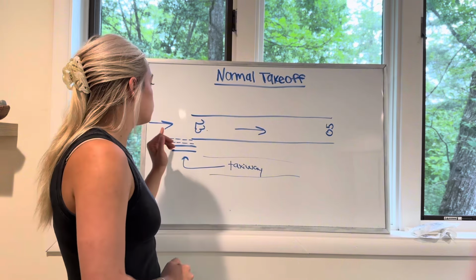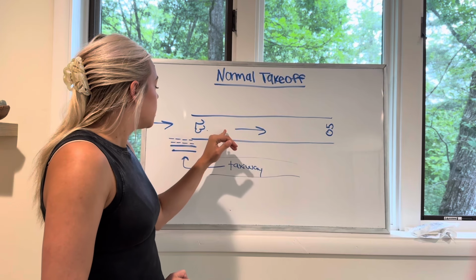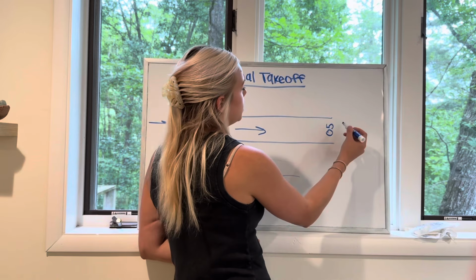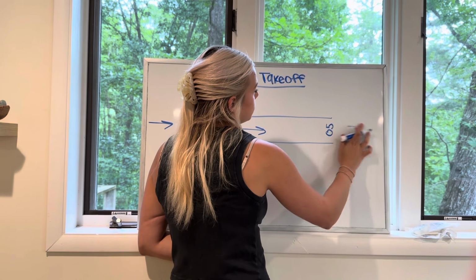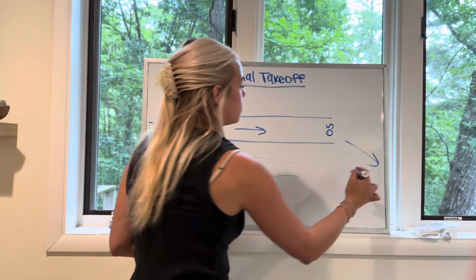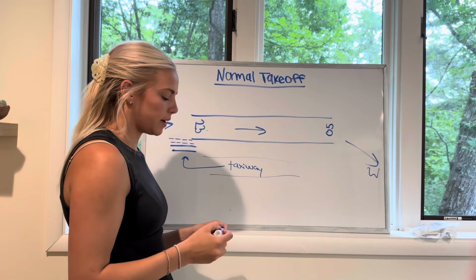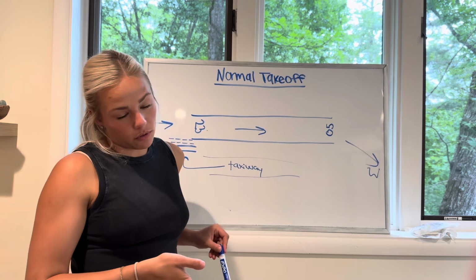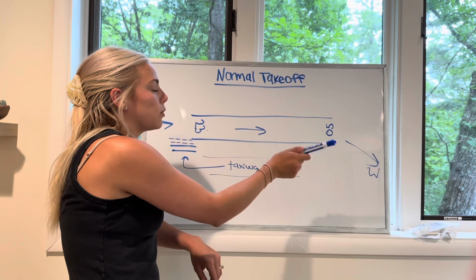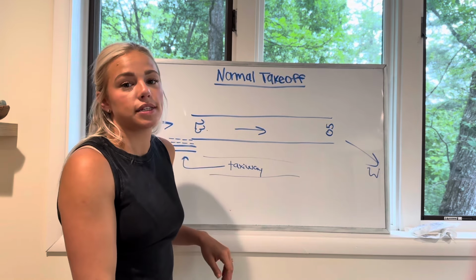We want to take off runway 23, and we want to depart to the west. So what we'd say on the radio is Pickens County, Piper Warrior 44734 is departing runway 23, and we'll be making a departure to the west.